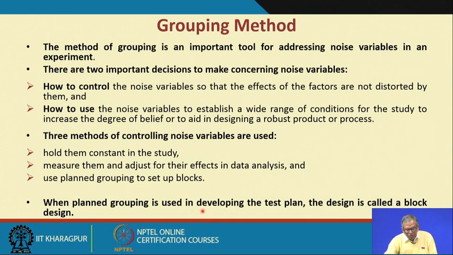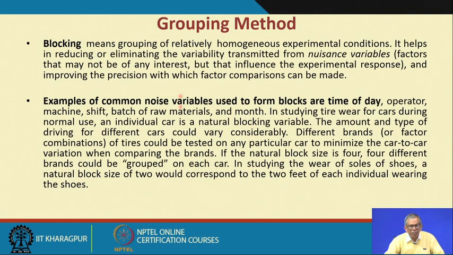When planned grouping is used in developing the test plan, the design is called a block design. I have been mentioning it. Blocking means grouping of relatively homogeneous experimental conditions, with respect to one particular condition, where all the experimental units are at the same condition.